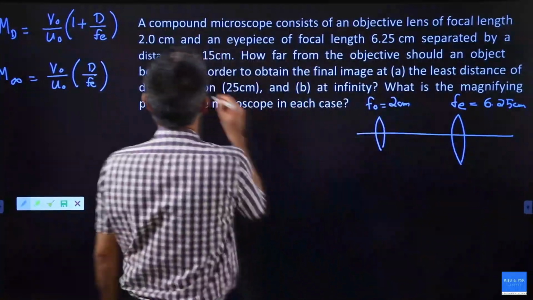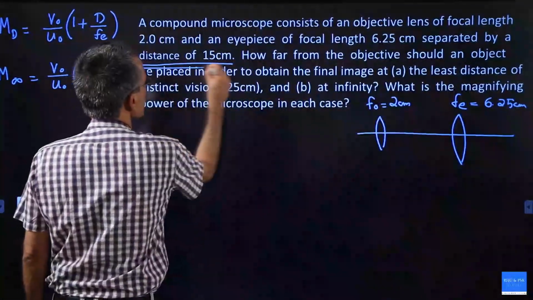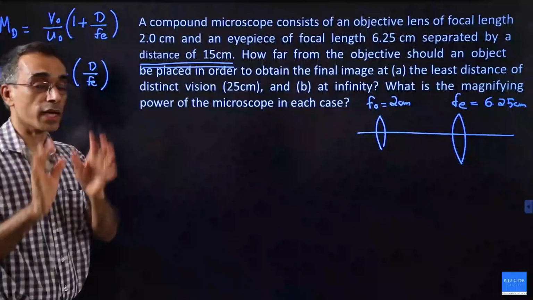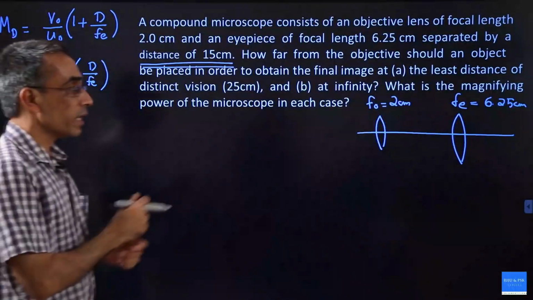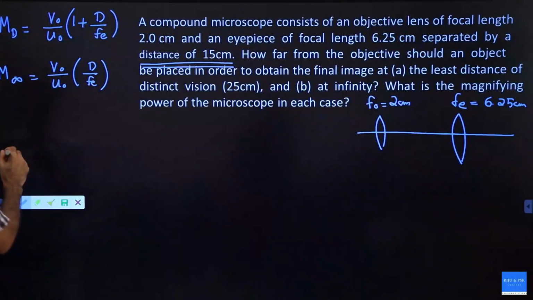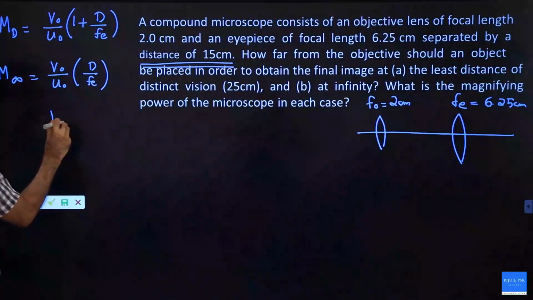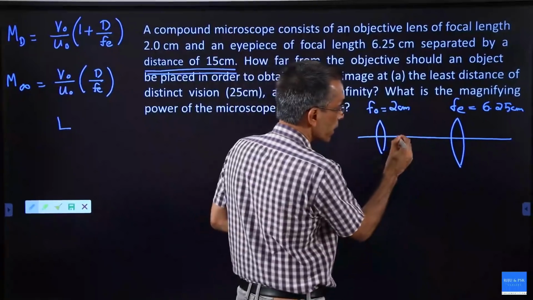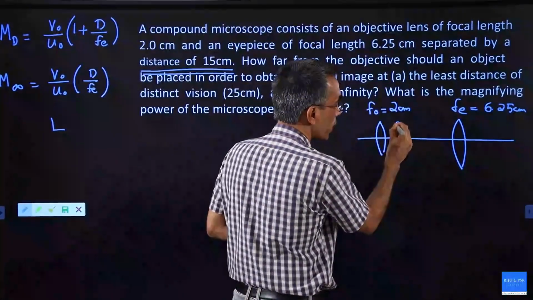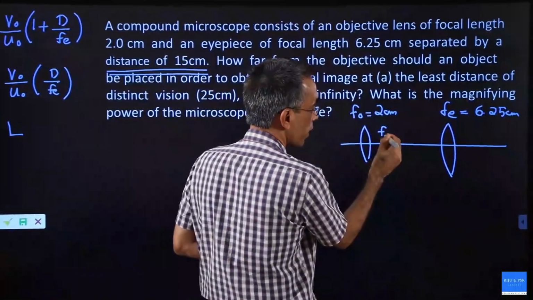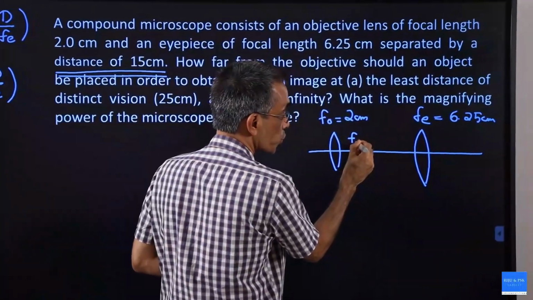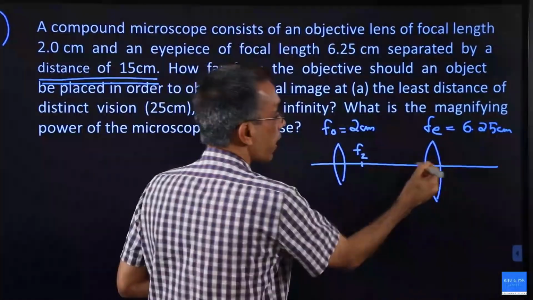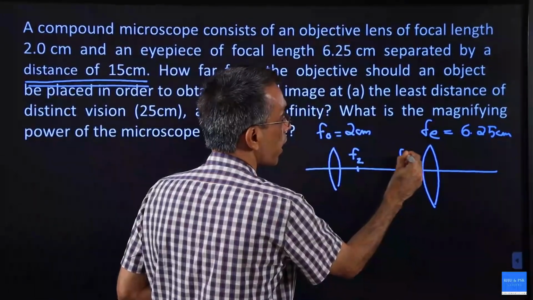They are separated by a distance of 15 cm. This is something that you should be careful about, because in the NCERT textbook we have an equation with a term L, and in NCERT, L is defined as the distance between the focal point of the objective, I will call it F2, and F1 of the eye lens.